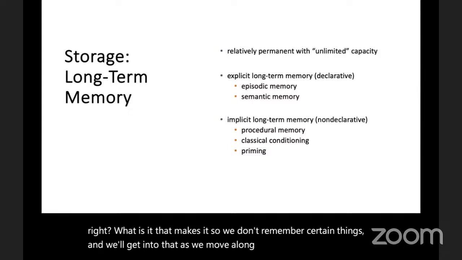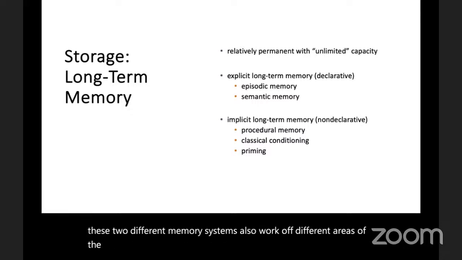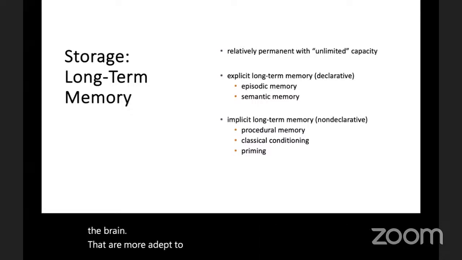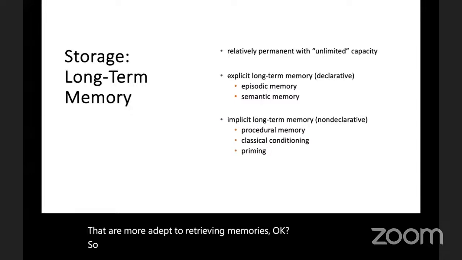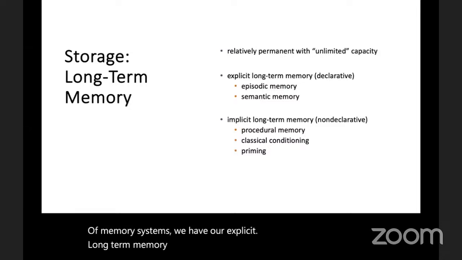Because these two different memory systems also work off different areas of the brain that are more adept at retrieving memories, okay? Within our long-term memory system, we basically have two types of memory systems. We have our explicit long-term memory, or what's called declarative memory.